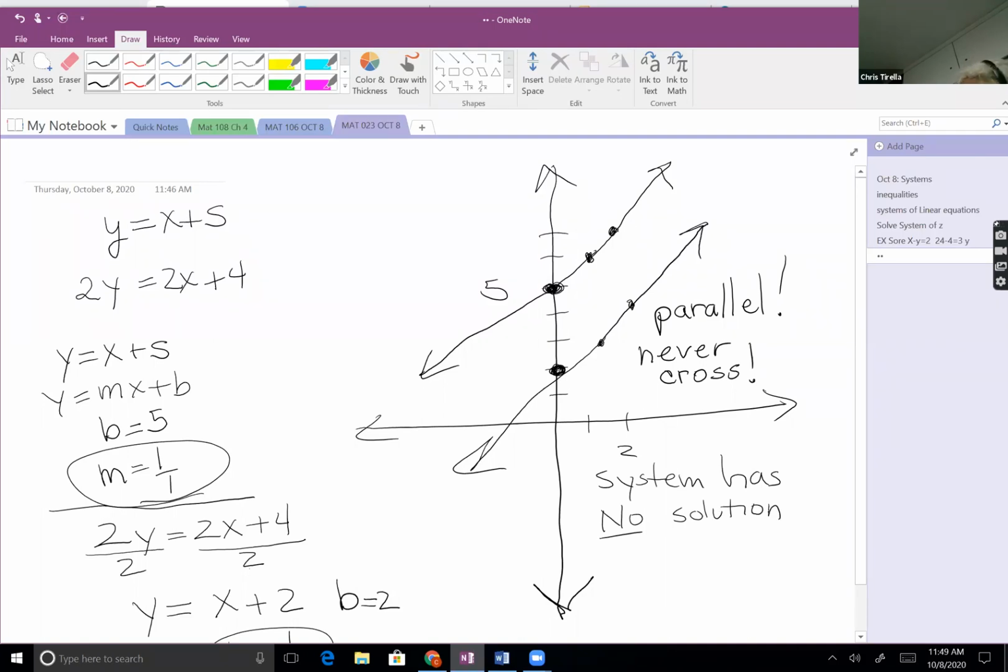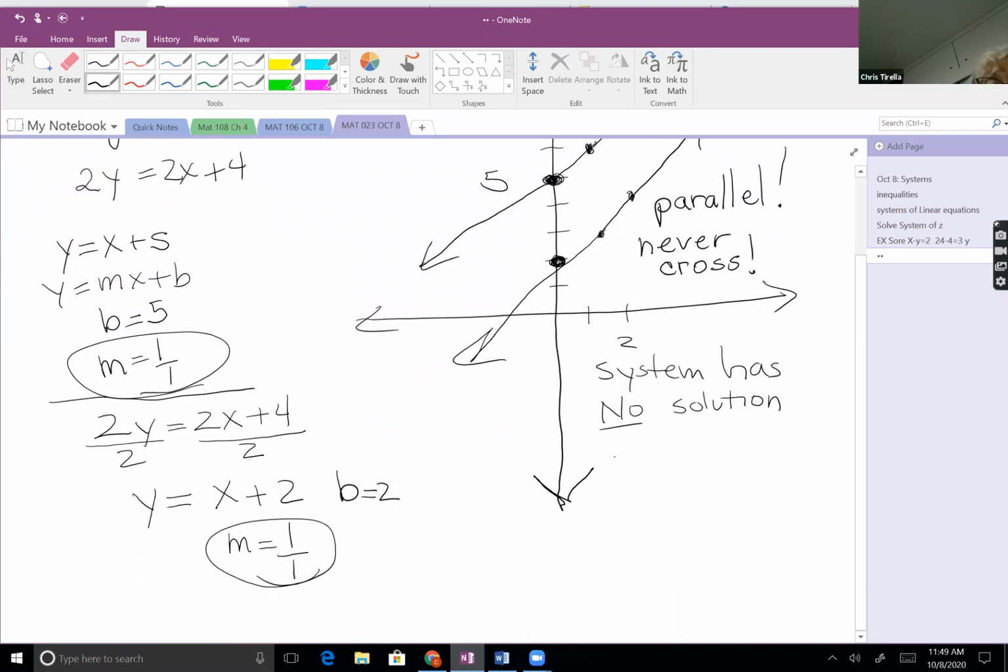If a system has no solution, it's considered inconsistent. And don't be surprised if there might be one on the homework where there is no solution, where you have an inconsistent system.